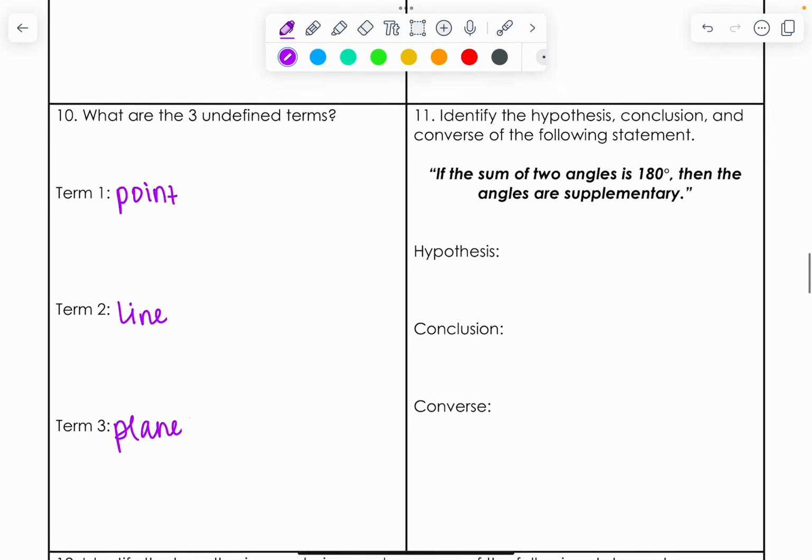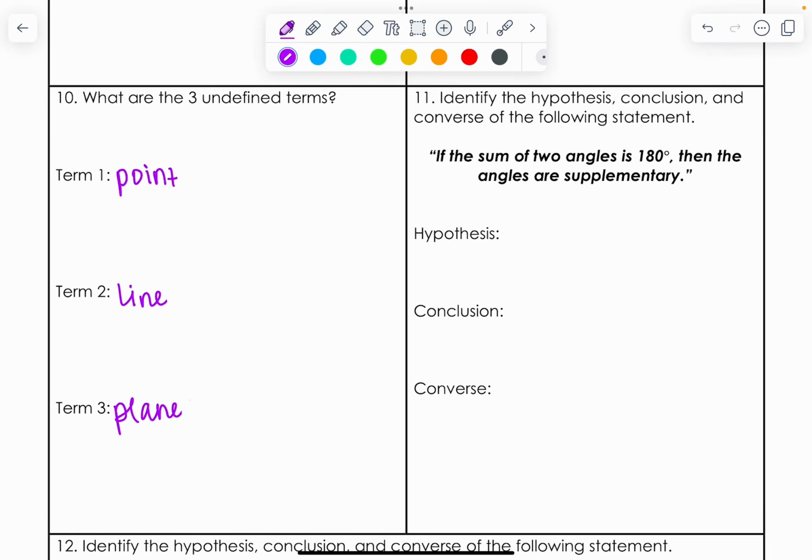Identify the hypothesis, conclusion, and converse of the following statement. The hypothesis is what comes after the word if.